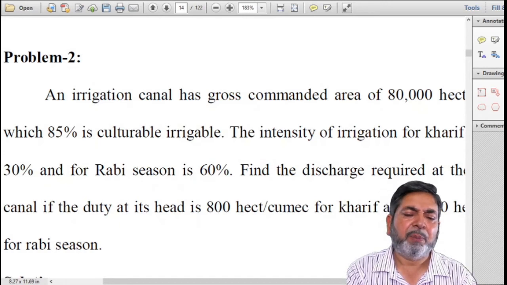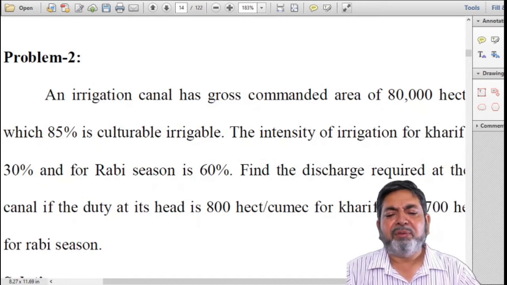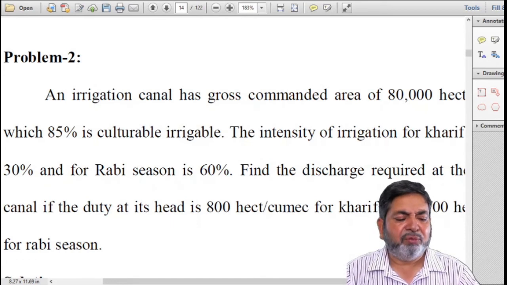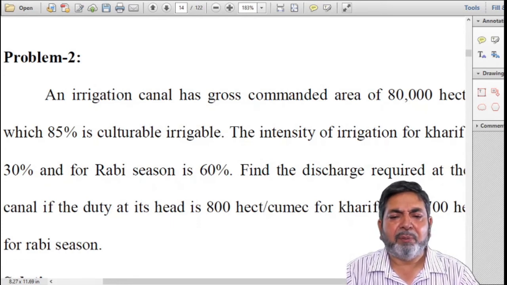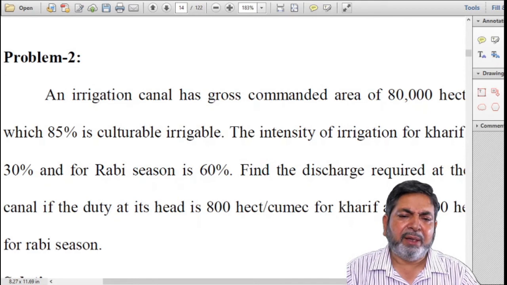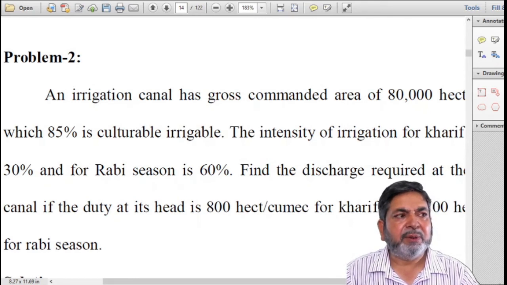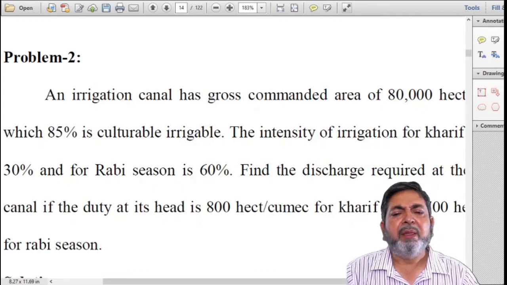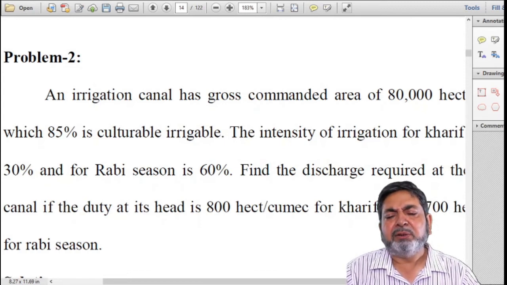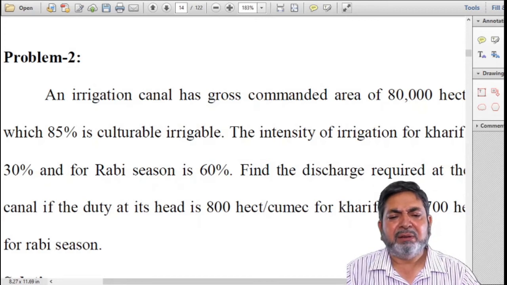Now before we go to the solution, first you try to understand the problem. Here the gross command area, which I have explained to you in some earlier lecture, is 80,000 hectares, which is the total area.